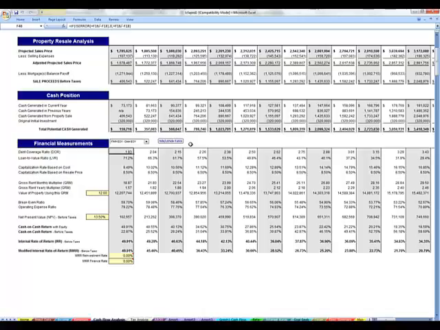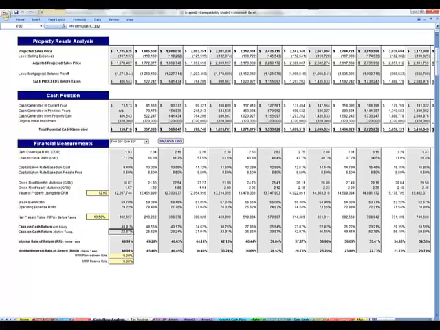In this particular case, at that purchase price of $1.6 million, this property is running at a debt coverage ratio of 1.93. That's a solid deal. That's a good number. I would proceed forward with looking at these numbers. Next number I look down here is the cash on cash return, before taxes.